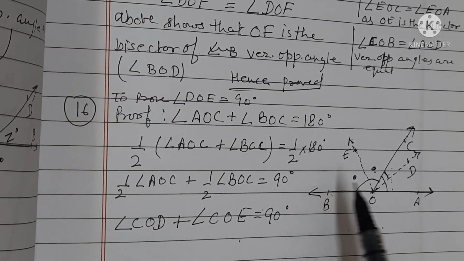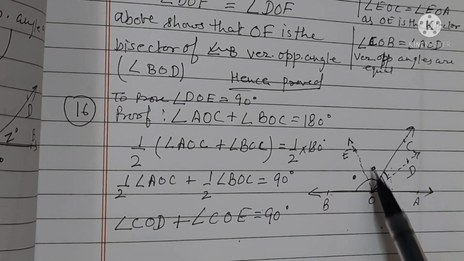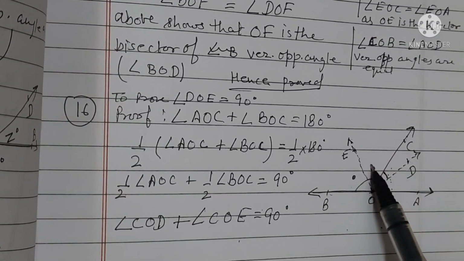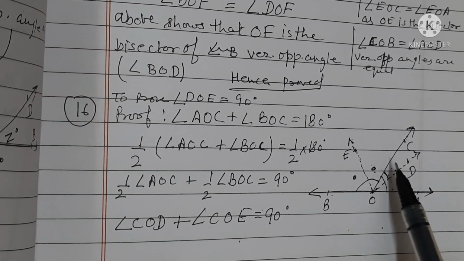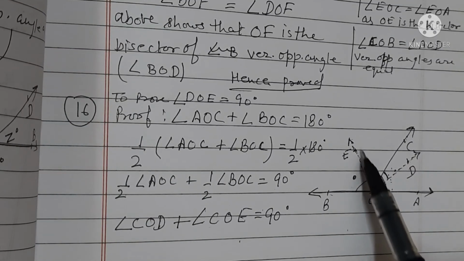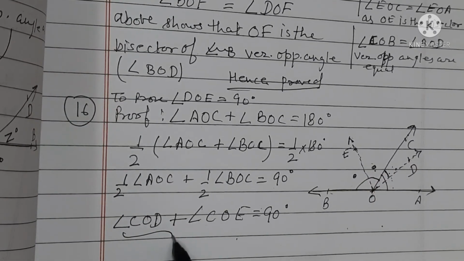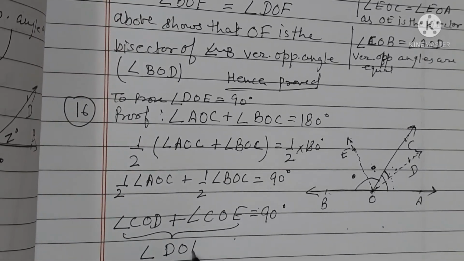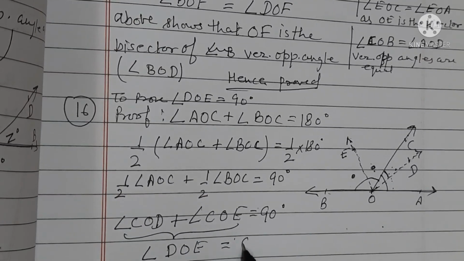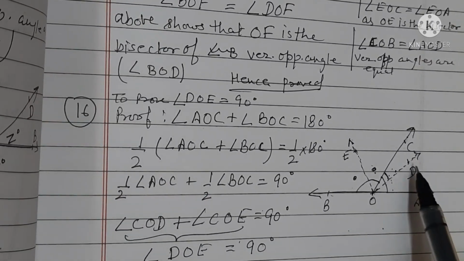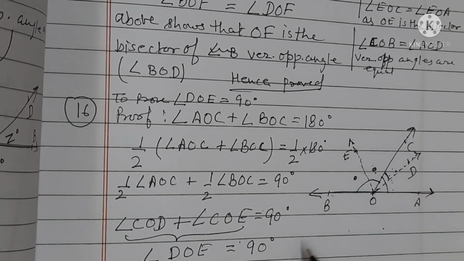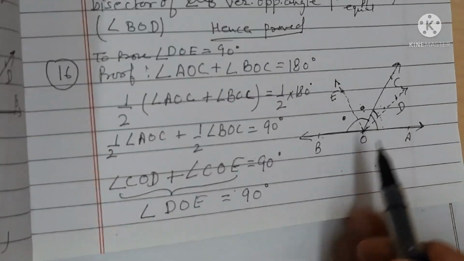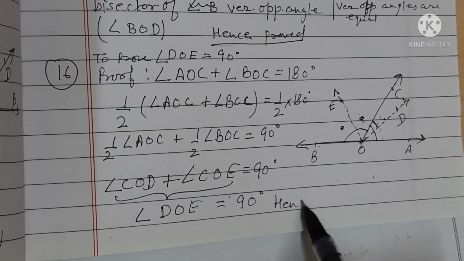So angle COE plus angle COD, both taken together, becomes angle DOE. So you can write angle DOE is equal to 90 degrees, which we had to prove. So write it, hence proved.